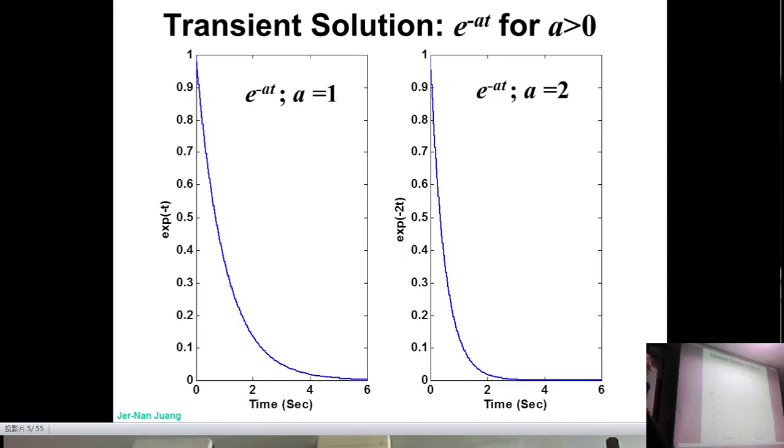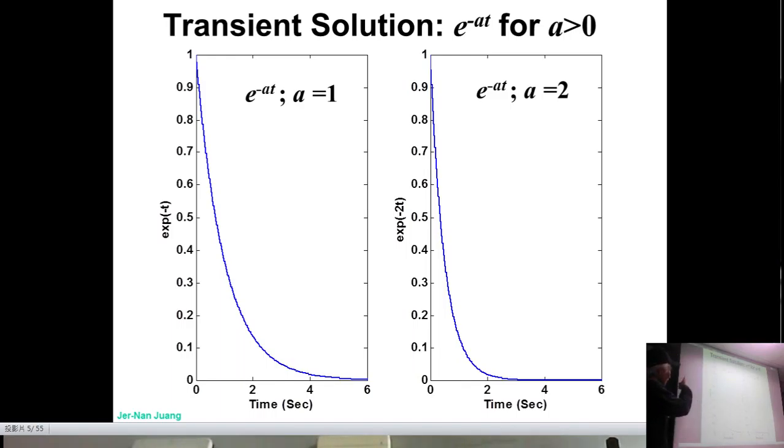All right, so this will show you how much A gives you how much response. A equal to 1 means e to the minus t is the response you have. A equal to 2, then the response is much quicker. So how much A is in your system really affects your controller design.